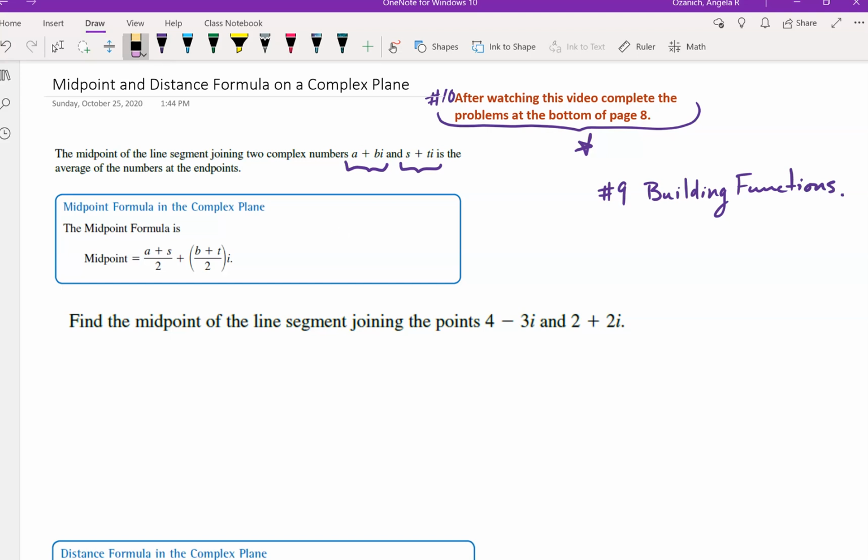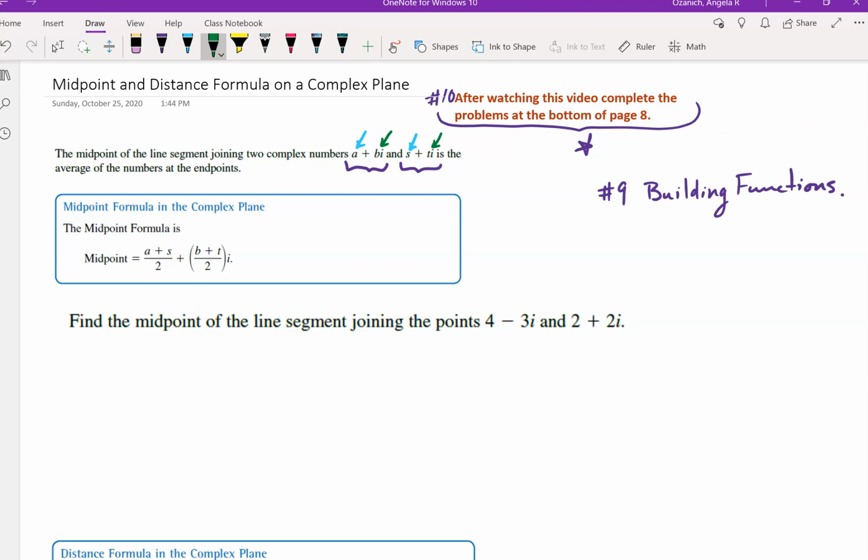I might have even said r sub 1 and r sub 2. But basically what you need to remember is that in this formula we're combining the real components for the real component of your midpoint, and then you're combining your imaginary values so that you can get the imaginary component of your midpoint.